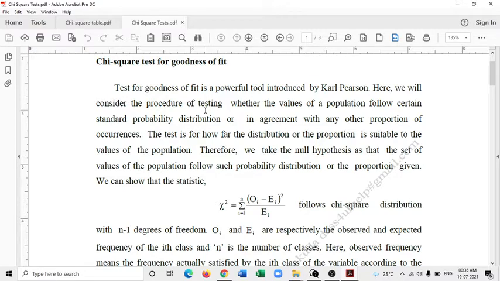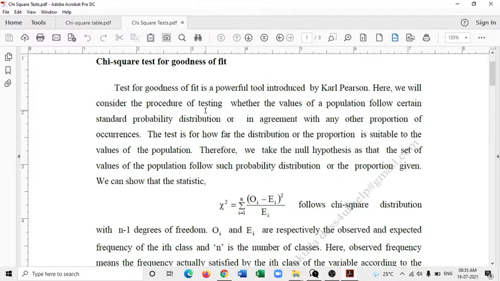This Chi-square test for goodness of fit can be used to test whether the population values follow a certain distribution or agree with a certain proportion or ratio of occurrences. Here we have two sets of frequencies: observed frequencies and expected frequencies.